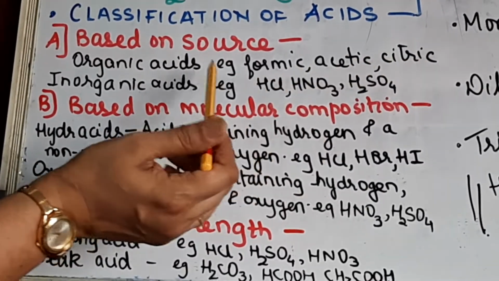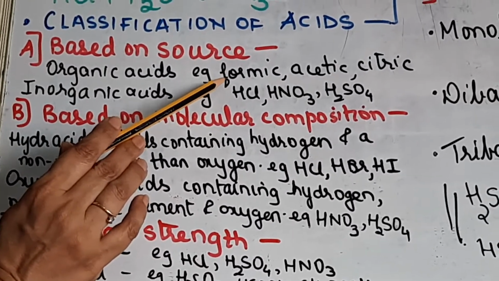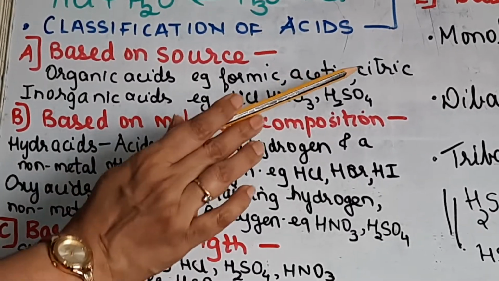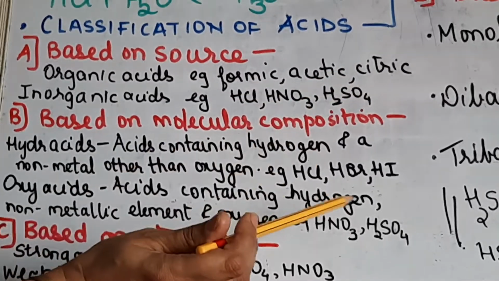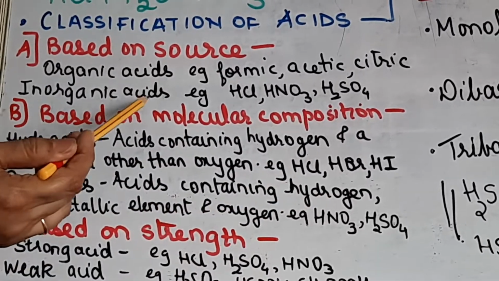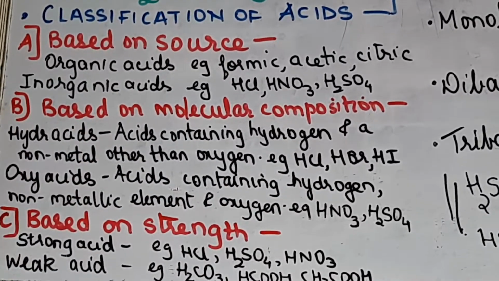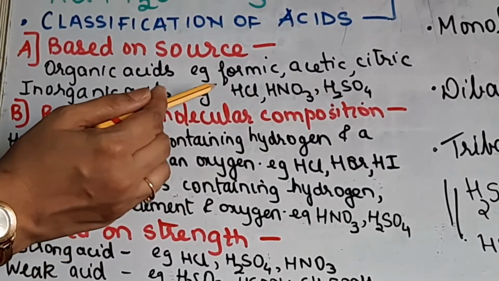For example, formic acid is found in the sting of a red ant. Acetic acid is in vinegar, citric acid in all citrus fruits, orange, lemon, and tartaric acid is in tamarind. So all these are organic acids. Then inorganic acids are obtained from mineral sources like hydrochloric acid, nitric acid, sulfuric acid, which are all mineral acids.